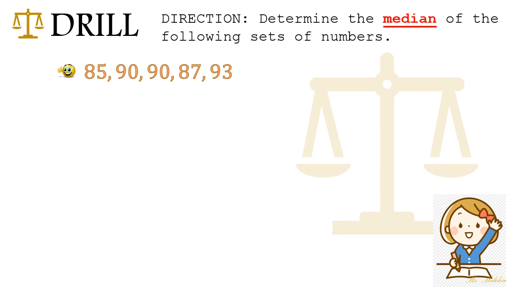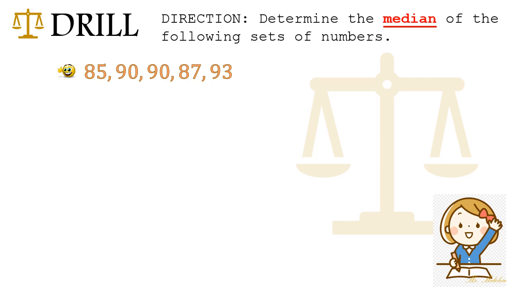So let's say we have our scores 85, 90, 90, 87, 93. How are we going to find the median of this set of data? First of all, you need to arrange this in either ascending or descending order. It doesn't matter which.